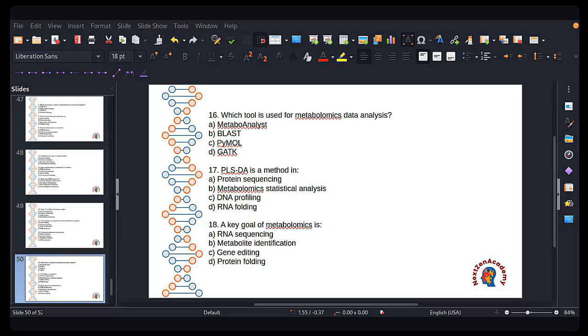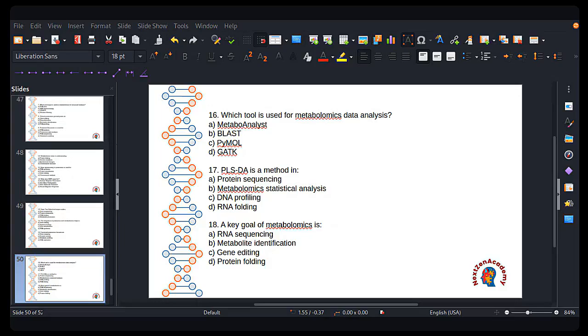PASDA is a method in protein sequencing, metabolomics statistical analysis, DNA profiling, or RNA folding. It's a metabolomics statistical analysis tool.